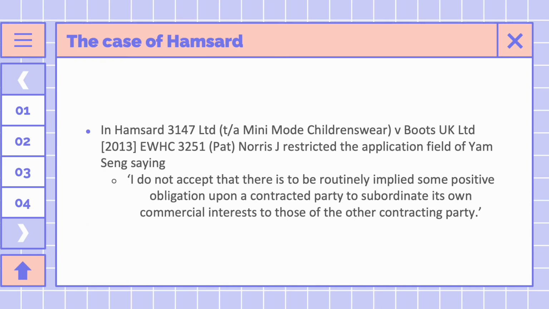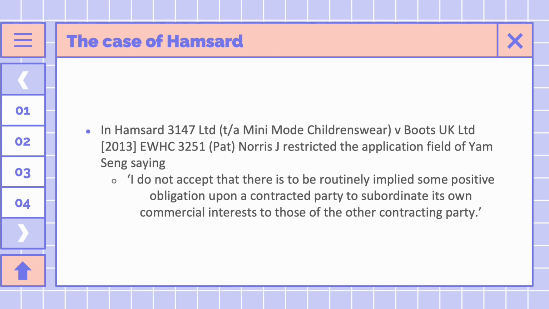As we discuss why good faith shouldn't be adopted into the English law system, we should look at the case of Hamsard, where Justice Norris restricted the application of Yam Seng, saying, "I do not accept that there is to be routinely implied some positive obligation upon a contracting party to subordinate its own commercial interests to those of another contracting party."